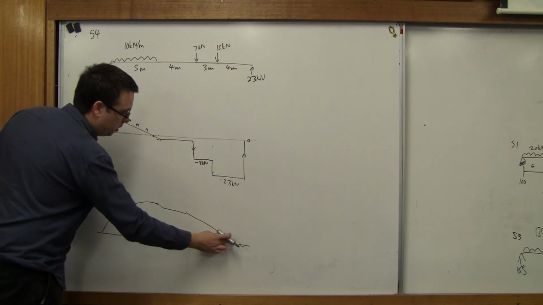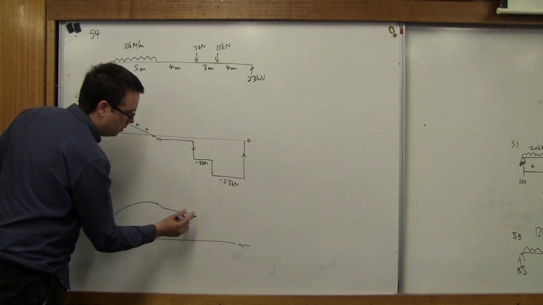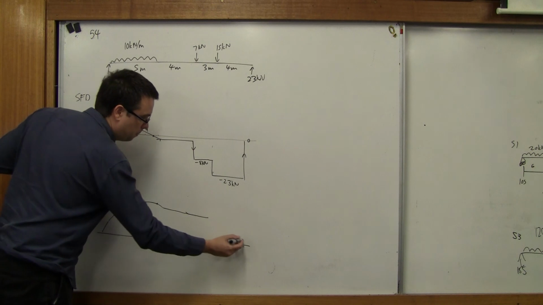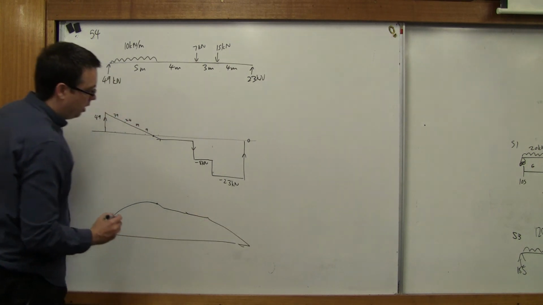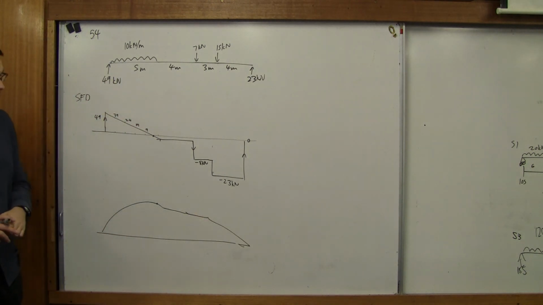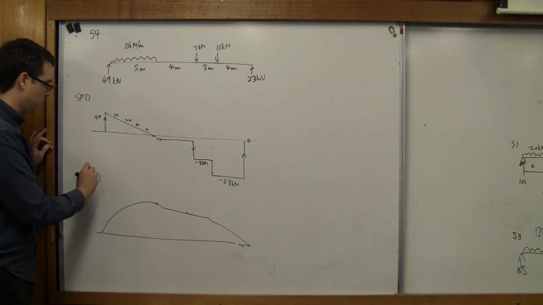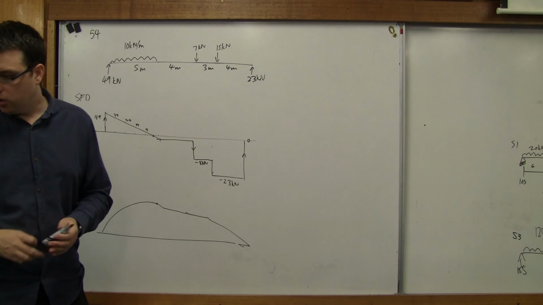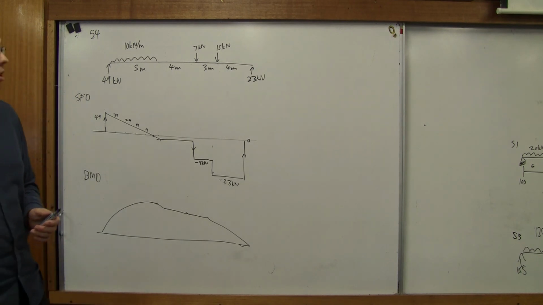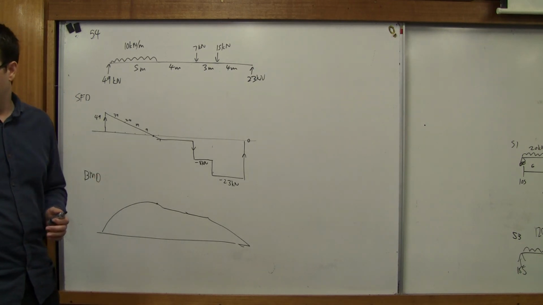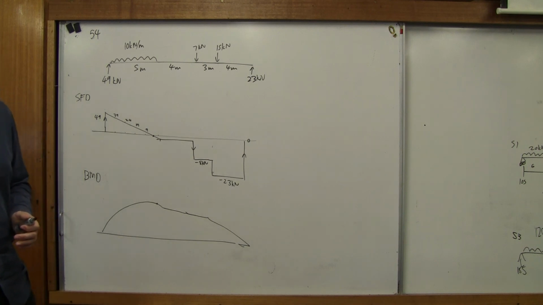So that might actually be a little bit higher. That'd be my prediction of what that bending moment diagram should look like. Not really part of the course, but hey, maybe this question will be helpful for you guys when you're at uni and you want to start learning about more advanced bending moment diagrams. We're done.